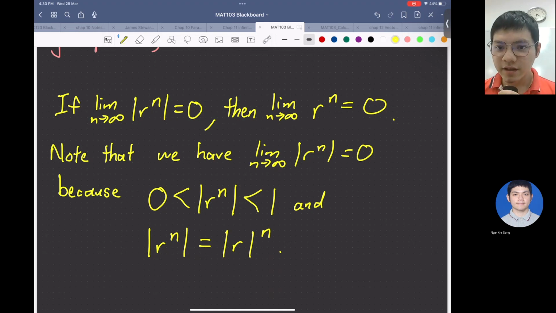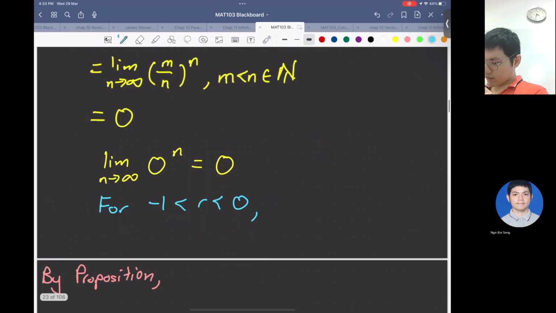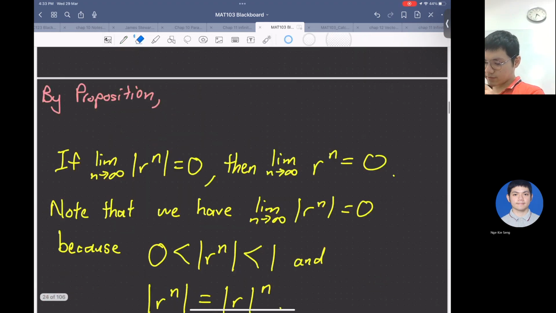So we have shown this, and then what else do we need to show? We have done this part here. Let's show the second part: R greater than 1.